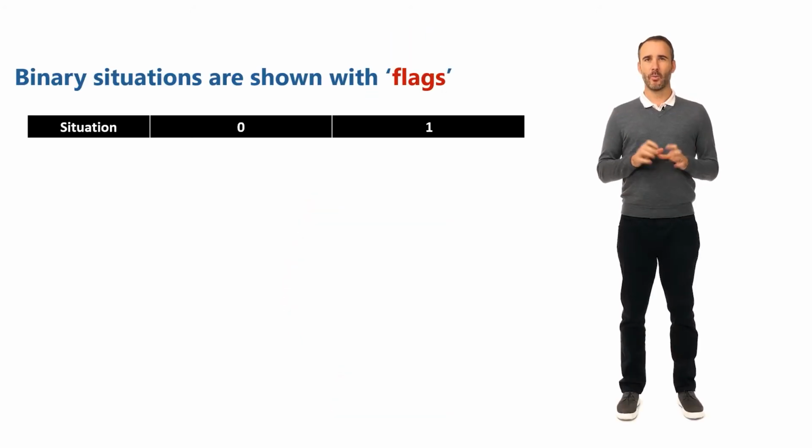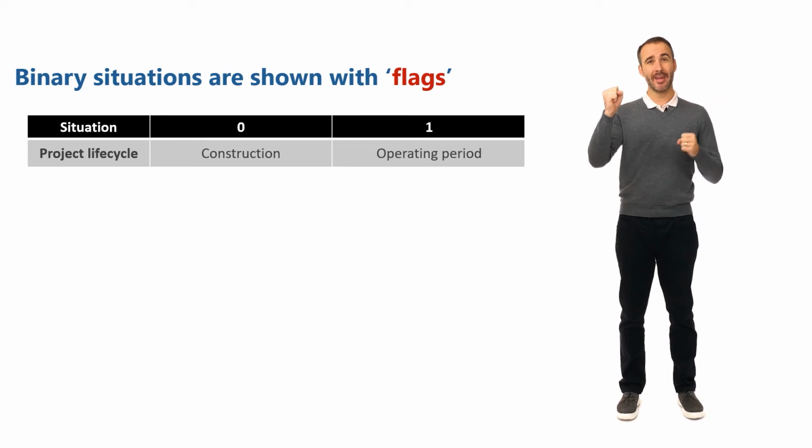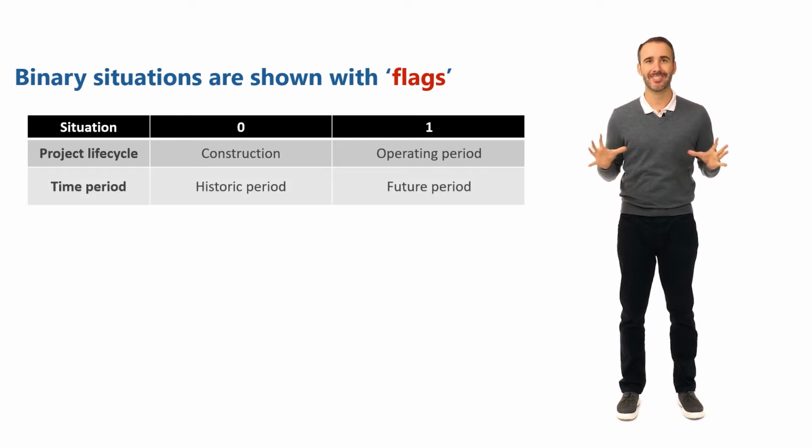And before we go a step further, let's recognize the different types of binary results that can live within a financial model. Within a project lifecycle, we could either be in construction or operations, or we may have both historic and future cash flows in our model, and they don't occur at the same stage.